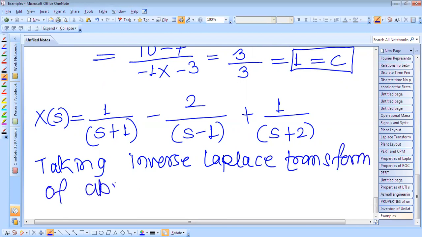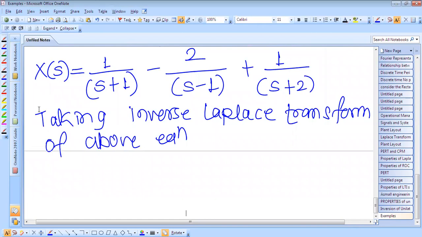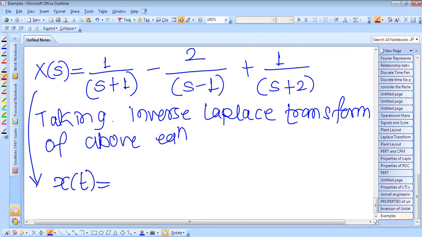Of the above equation, and therefore the inverse Laplace transform of X(s) is x(t). The inverse Laplace transform of this is e raised to power minus t into u(t).